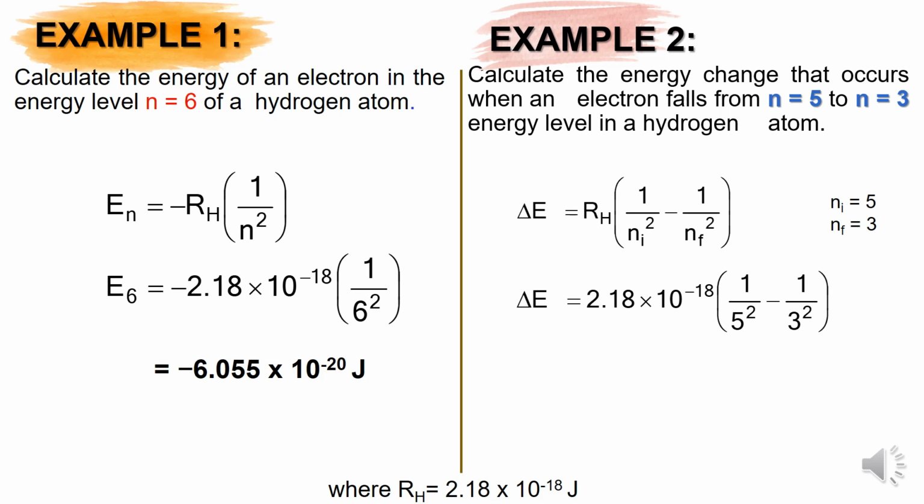So delta E equals 2.18 times 10 to the power of negative 18 times 1 over 5 squared minus 1 over 3 squared. Then we get negative 1.55 times 10 to the power of negative 19 joule.